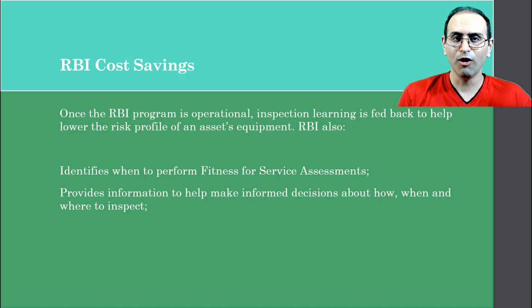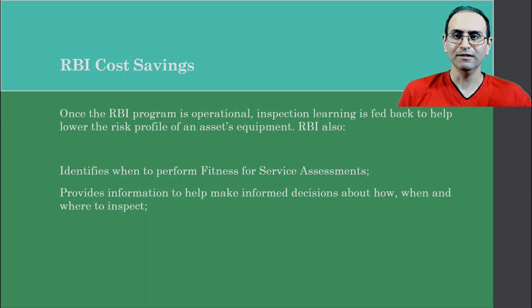If you have an RBI in CUI program, then you won't need to do an inspection on every single piece of equipment that is insulated. You only focus on those that, based on your RBI program, are more concerning and more prone to damage due to corrosion under insulation. So you save so much money by just doing RBI at your facility.